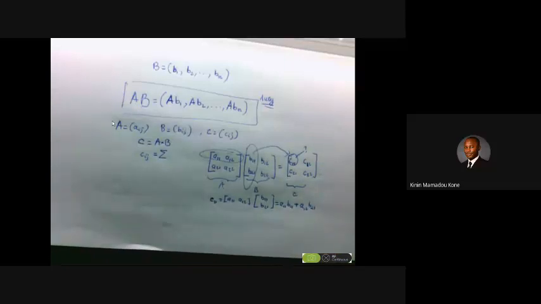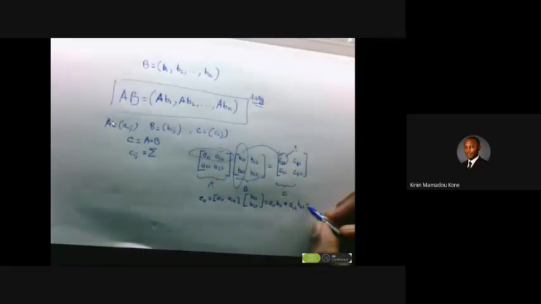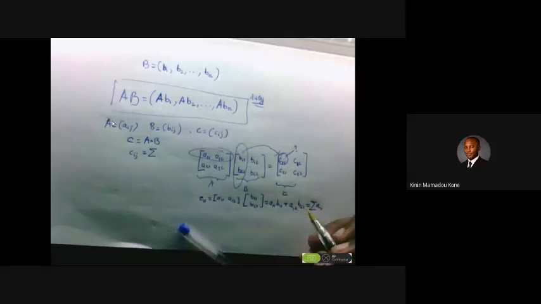So we can generalize this formula over here. It is a sum of A1, because we are dealing with C1. So let's observe the pattern. What is changing and what is not changing?